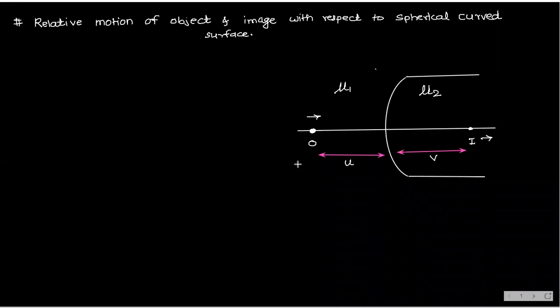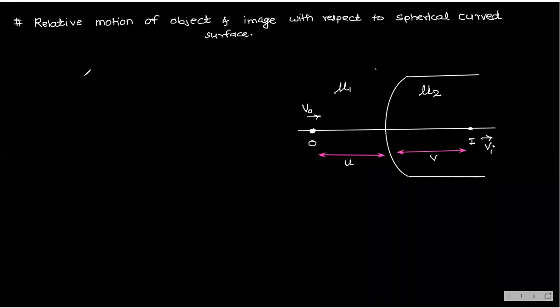I am going to take complete differentiation so that you will understand better. This is the velocity of object, and this one is the velocity of image, and we have to find the relation between these two: vO and vI.